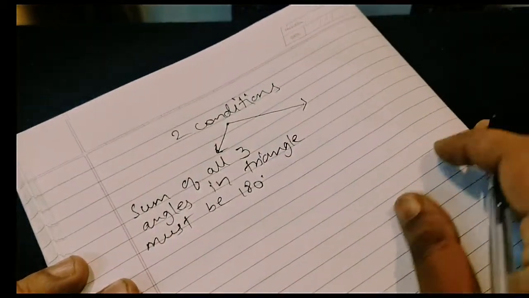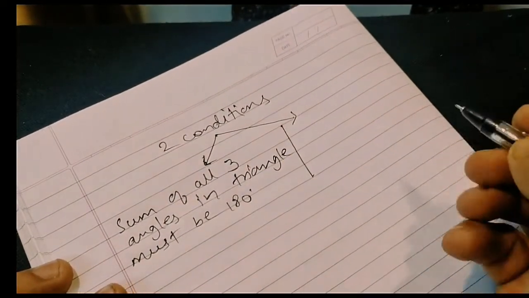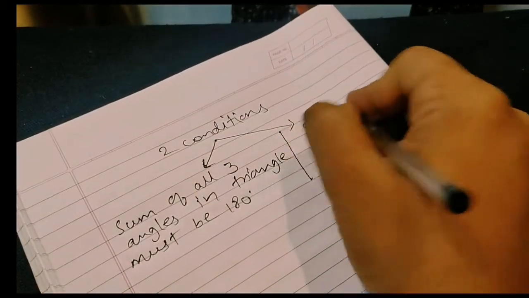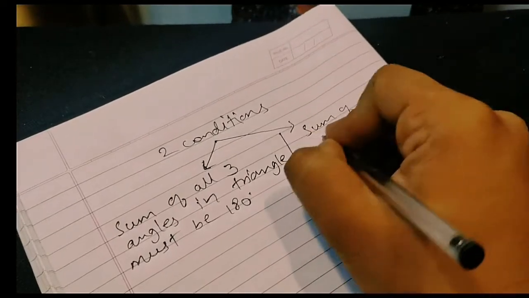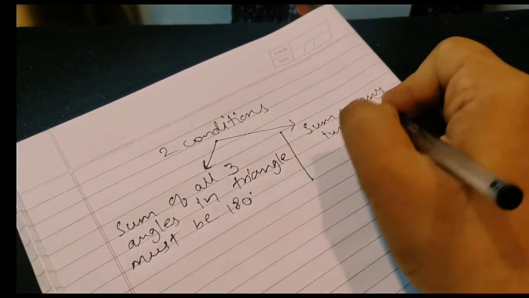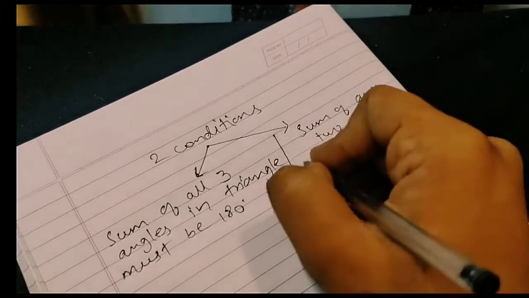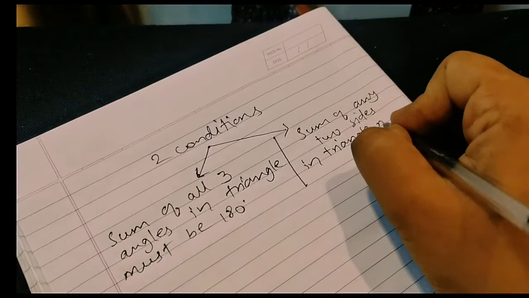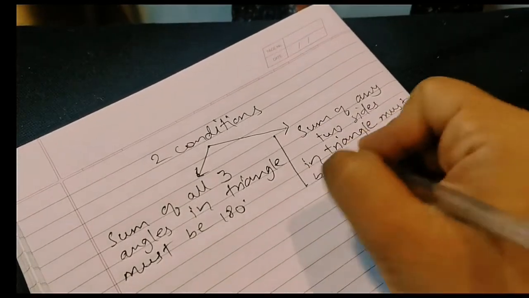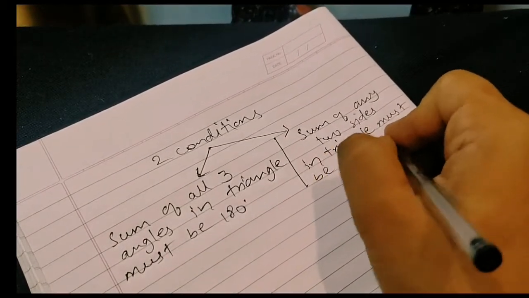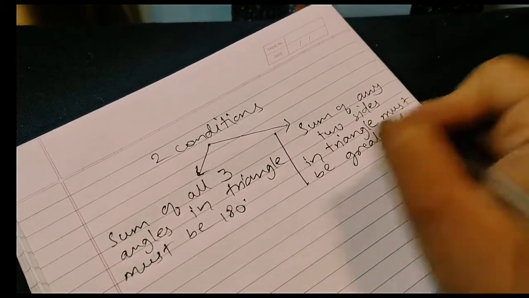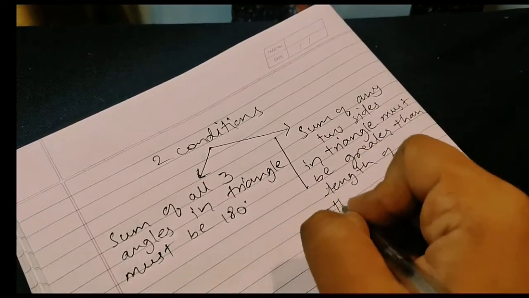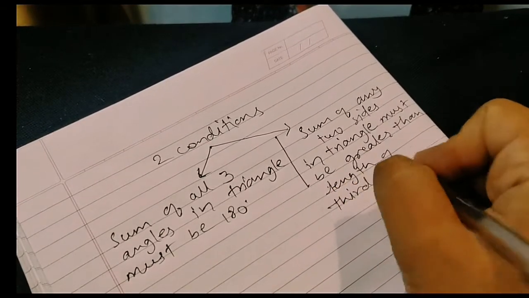And the second condition is, if you add any two sides in a triangle, the sum of any two sides in a triangle must be greater than the length of the third side.